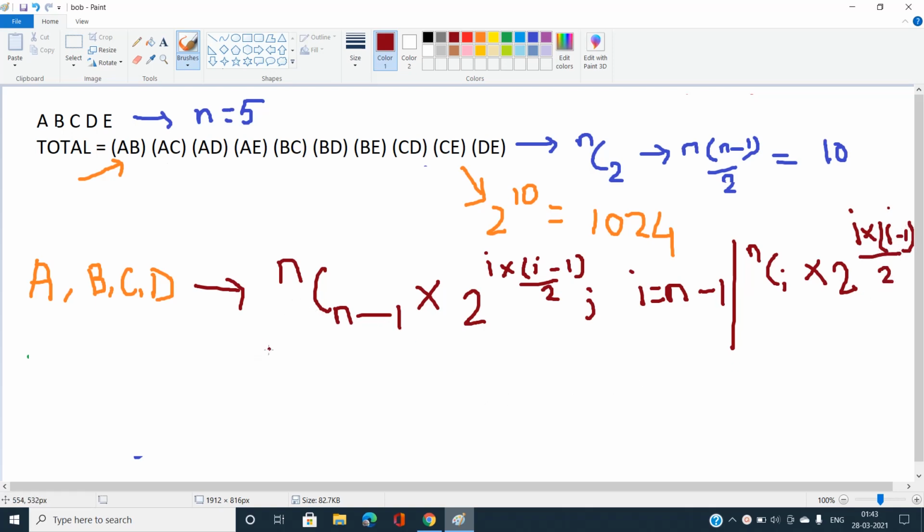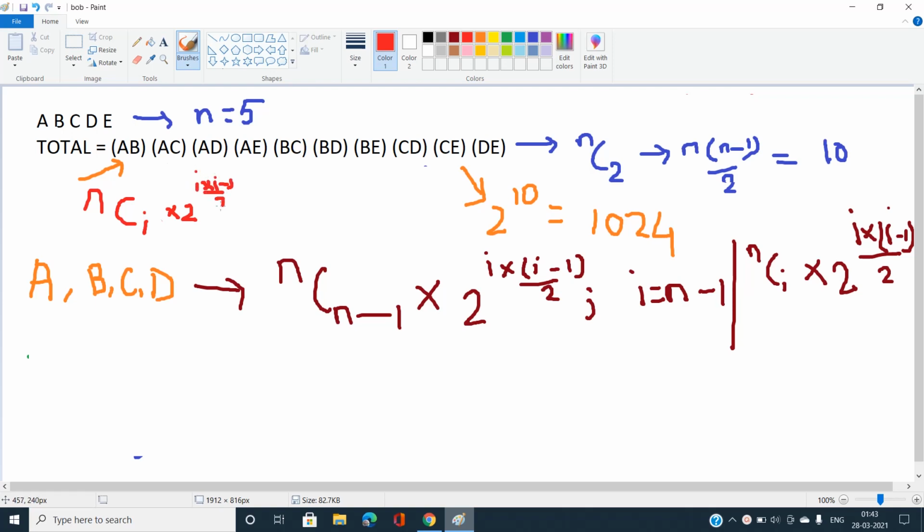Let me write down the general term. If we generalize this case, our answer should include the total number of pairs, that is nCn into 2 power I into I minus 1 upon 2.